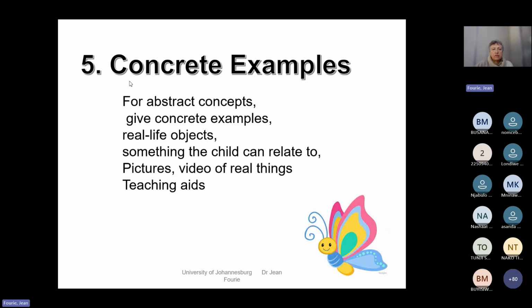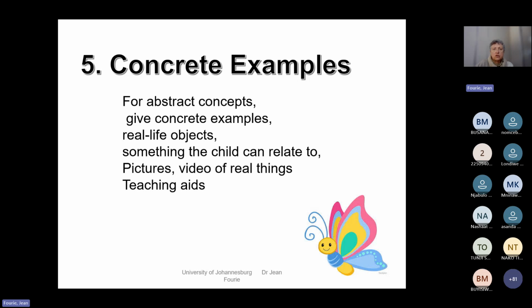Okay, then a fifth strategy for ensuring that we learn things effectively is this idea that we use concrete examples. And a lot of what we are teaching at school is abstract. We have principles.